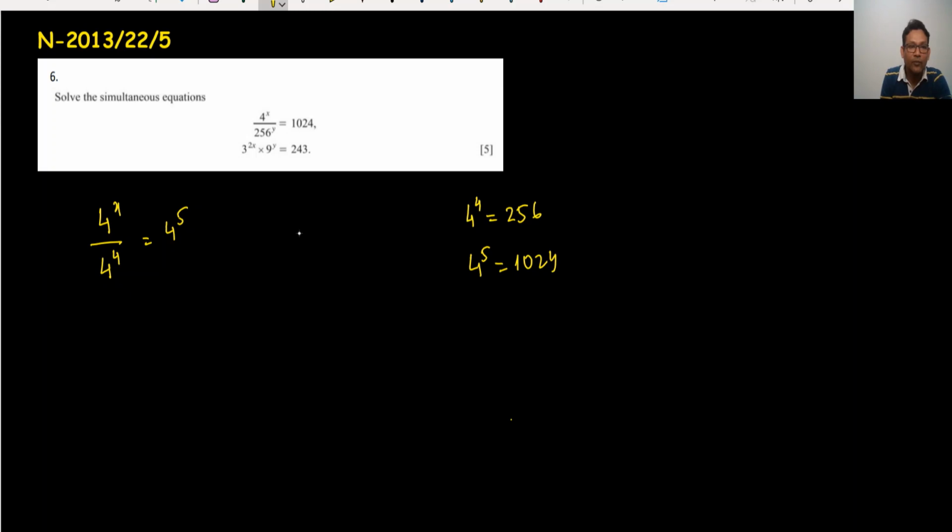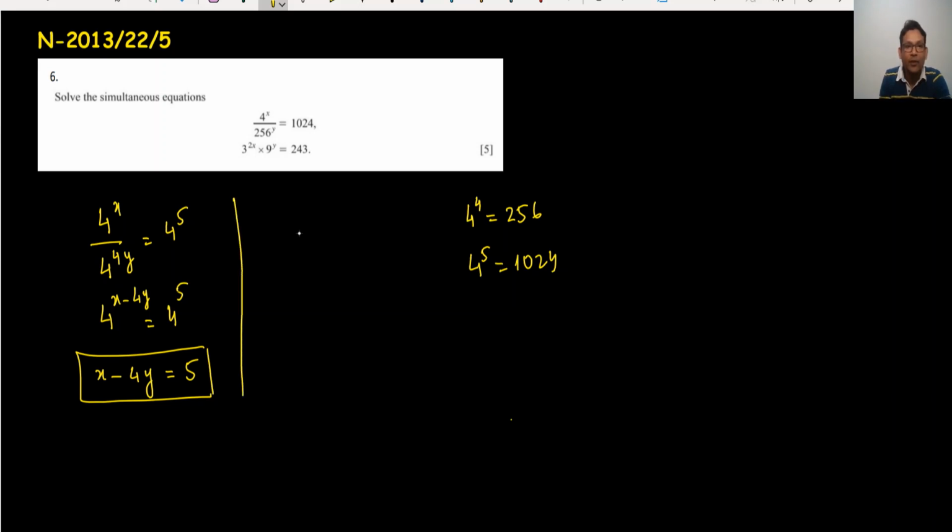This 4 will move up, so it becomes x minus 4y, sorry, 256 to the y. Comparing the powers, x minus 4y is equal to 5. This is the first equation, if I'm not wrong.